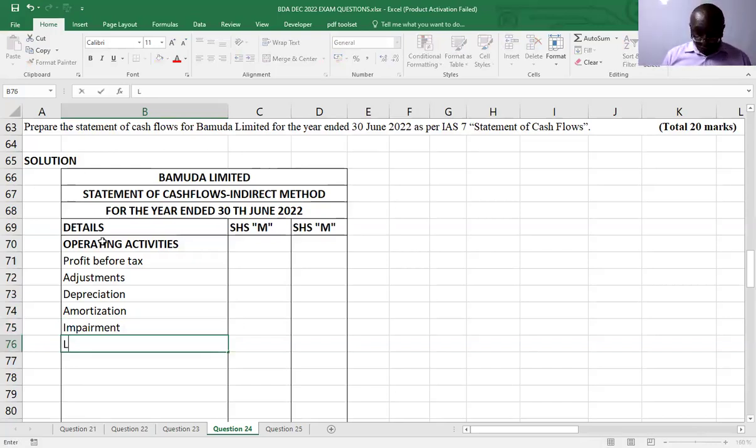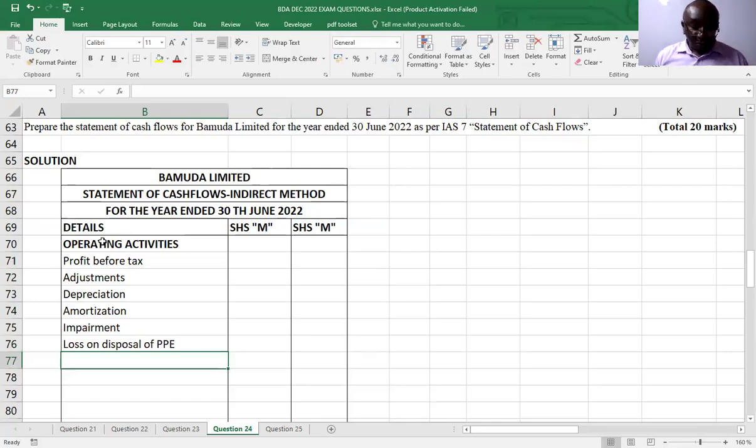In case you dispose of, loss on disposal of PPE, and it could also be again on disposal. Then you also bring gain on disposal of a subsidiary.